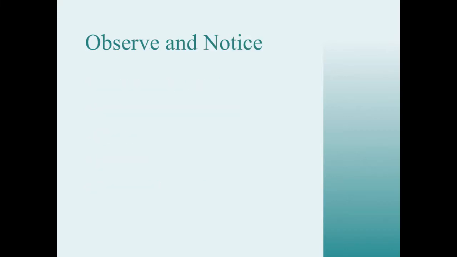So first, you want to take the time to observe and notice, and this is perhaps the most important step and the one that gets overlooked the most. At this stage of the process, no detail is too small. Even the smallest detail might have some significant meaning or something important to think about when looking at business writing online.